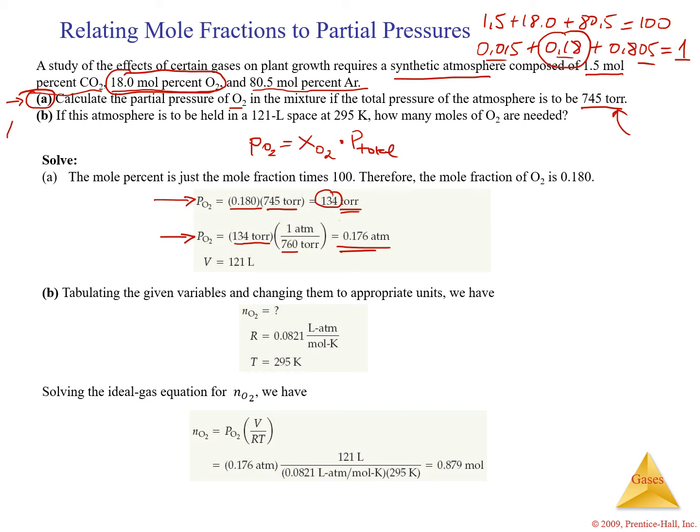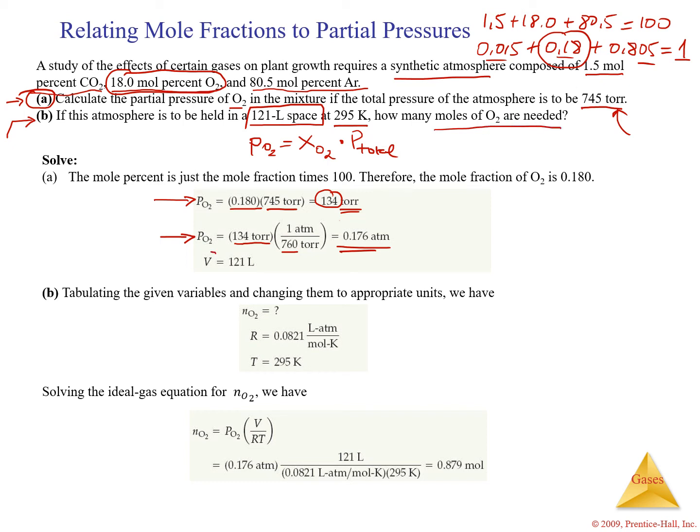Now going to the B part. If the atmosphere is to be held in the 121 liter space, so this is the volume of the gas at the specific temperature, how many moles of oxygen are needed?